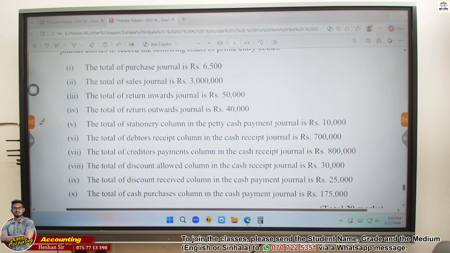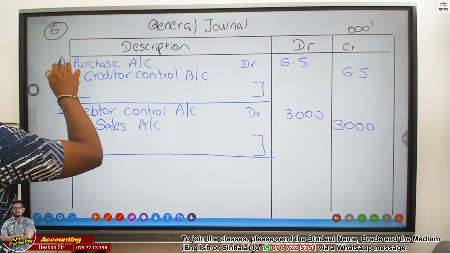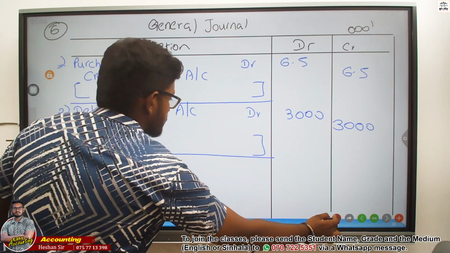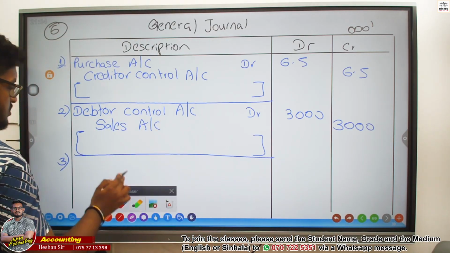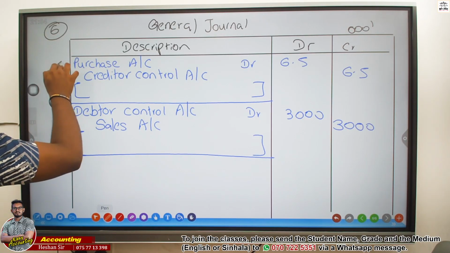Number three. Total of the return inwards journal 50. Return inwards, this is Roman number one.